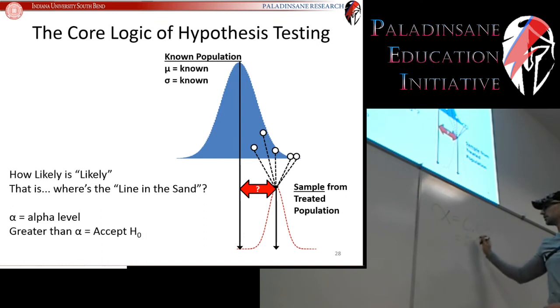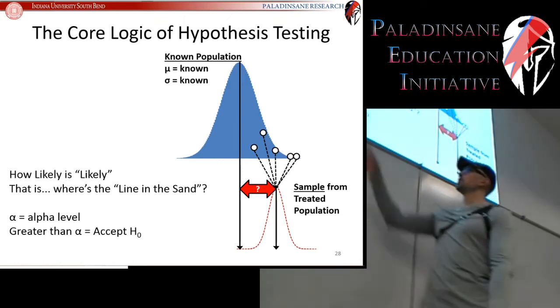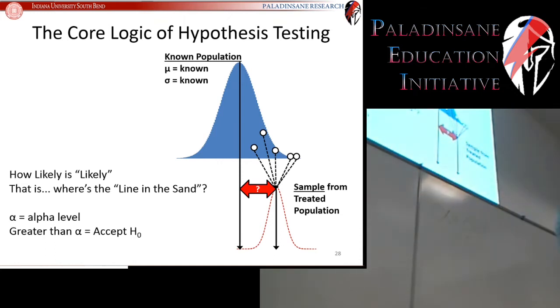It's written both ways. So if the probability of your sample coming from the population is greater than 5%, then we say, you know what, the treatment did nothing. We're going to accept the null hypothesis. Back to the drawing board. Our treatment doesn't do anything.